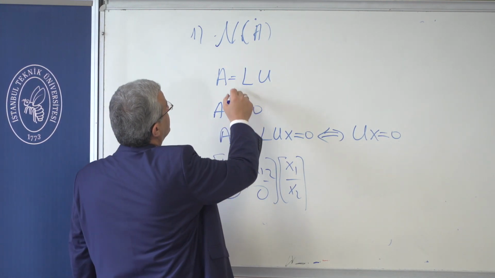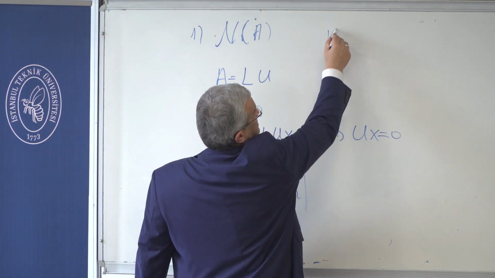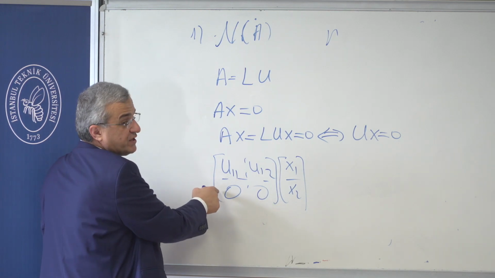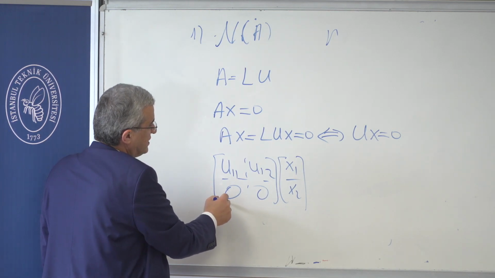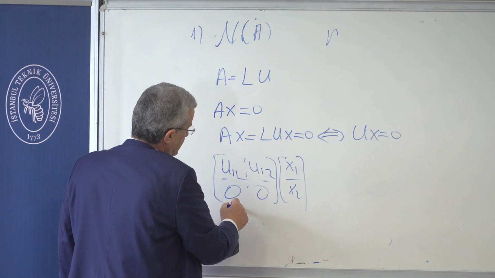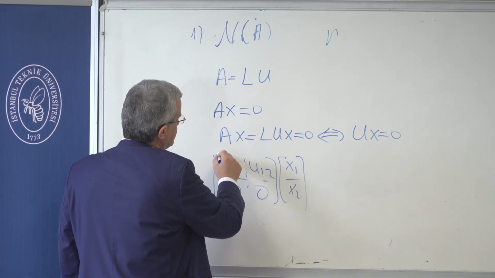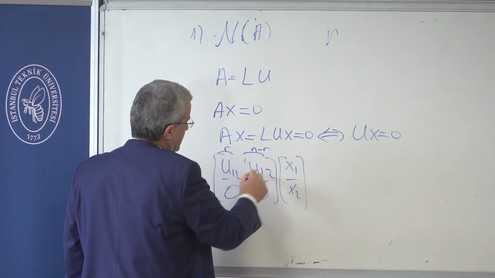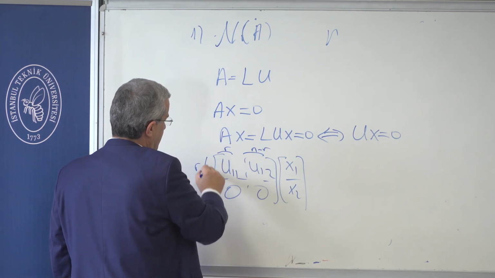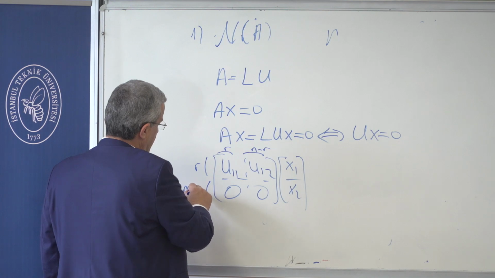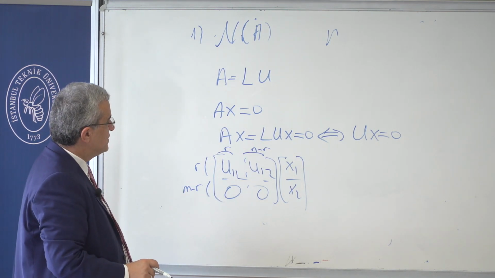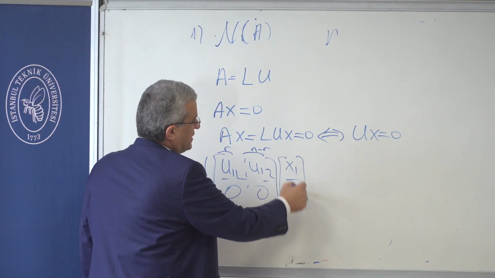A is m by n, right? So it is m minus r, okay? So this is r, this is n minus r, and this is r, this is m minus r, okay? Good. So this is n dimensional.